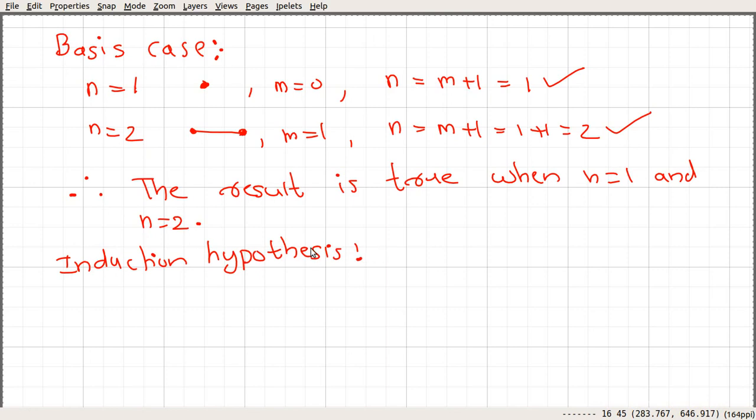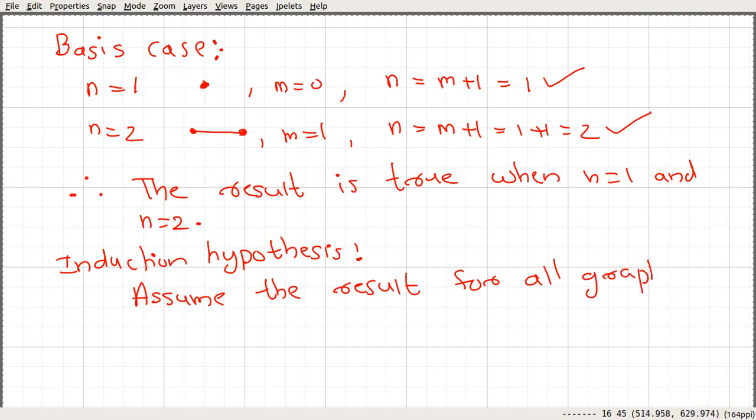So here the induction hypothesis says we assume that the result is true for all graphs with less than n vertices.